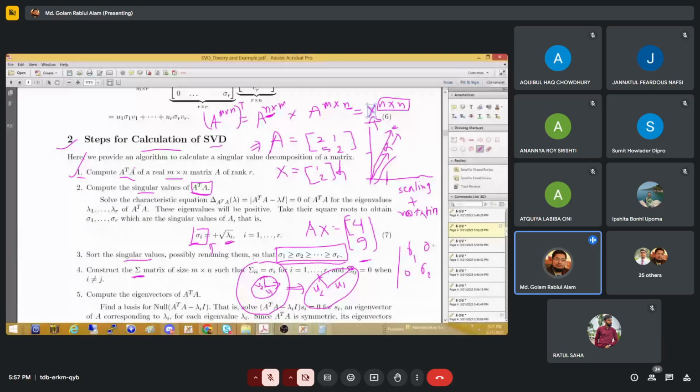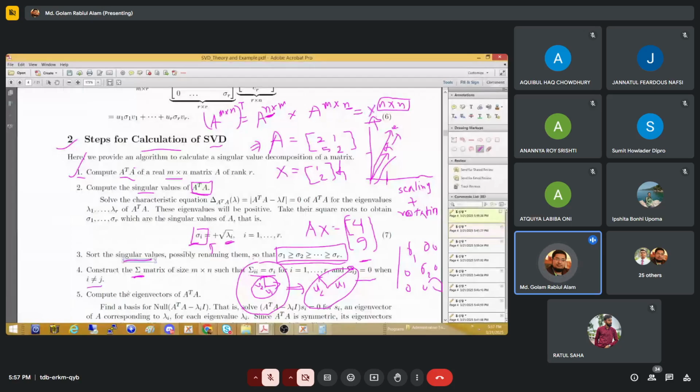So we place the sigma in the diagonal direction and the other positions are just 0. When i is not equal to j, then we will get the sigma matrix.